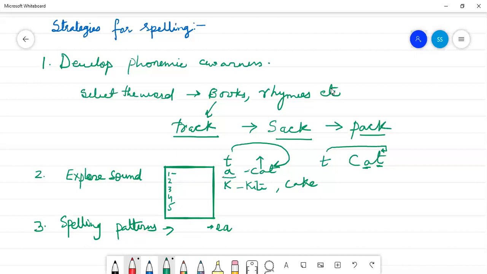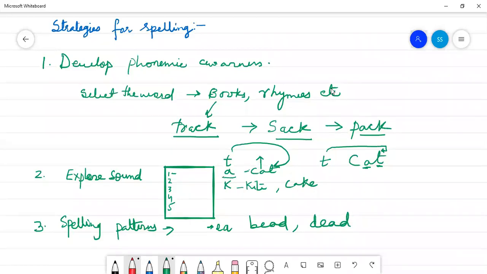Now, what are the words which contain EA? For example, bead, dead, heat, read.